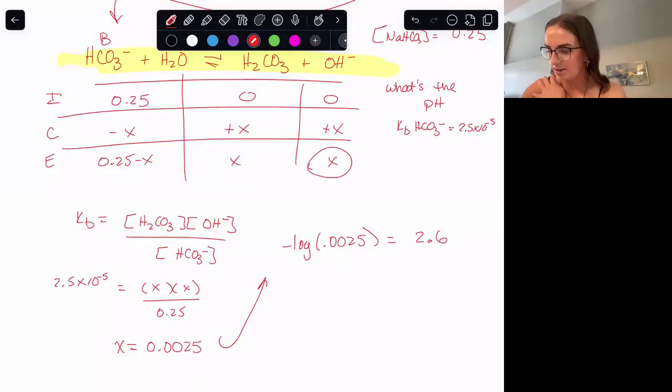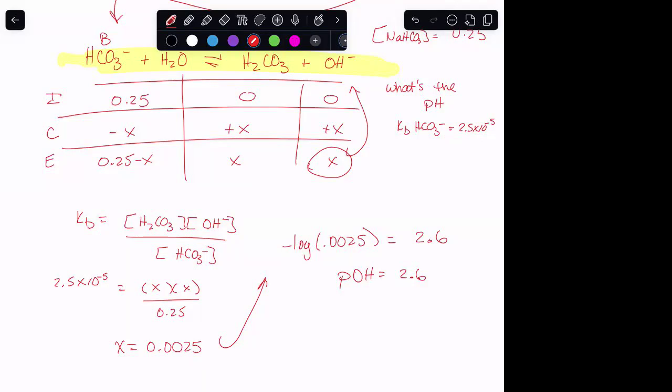Right? X here is the concentration of OH minus. So this is the pOH equal to 2.6. So how do we get to a pH? Just subtract it from 14.